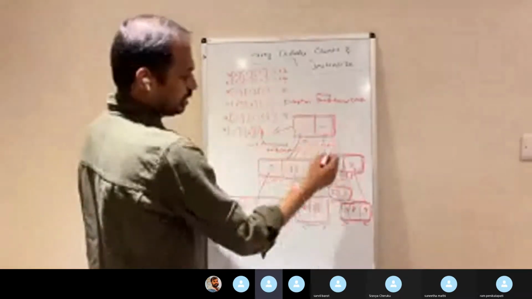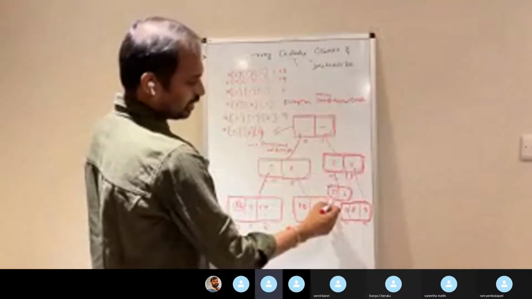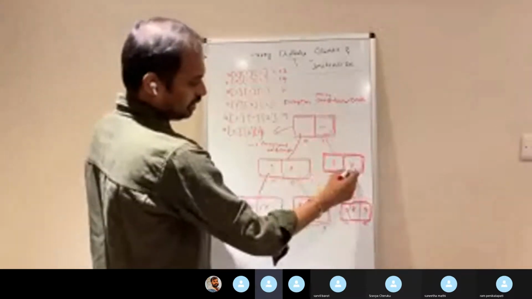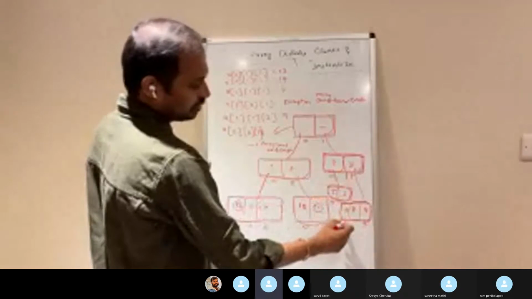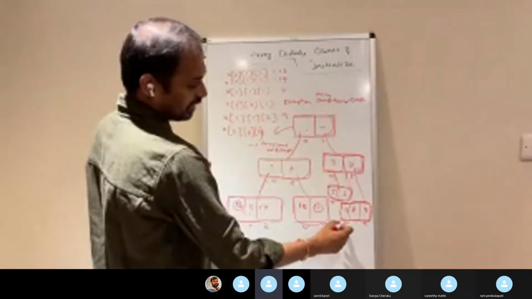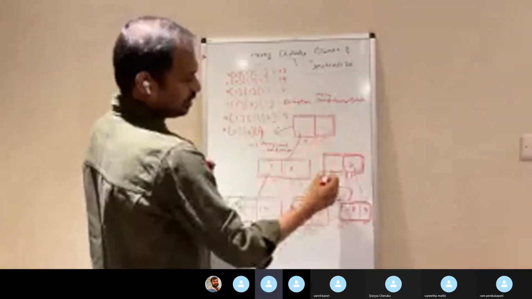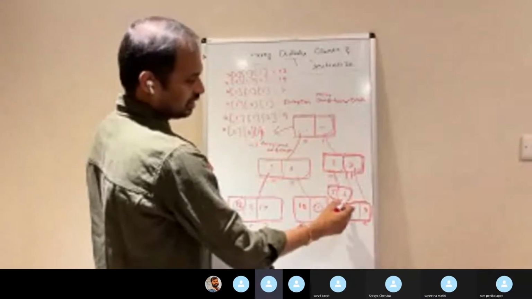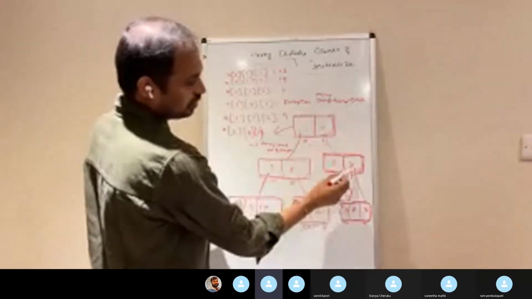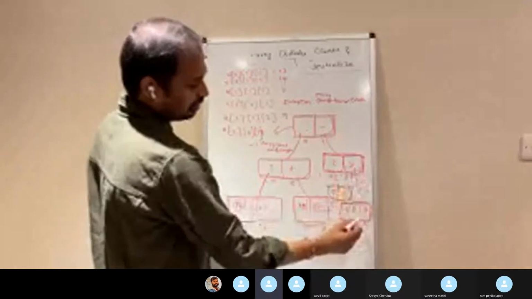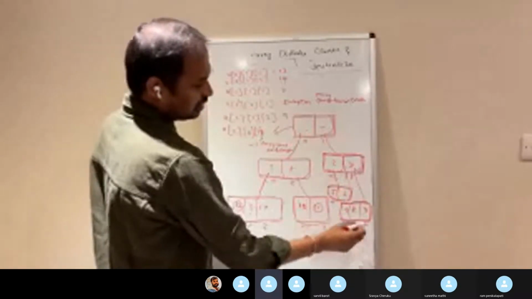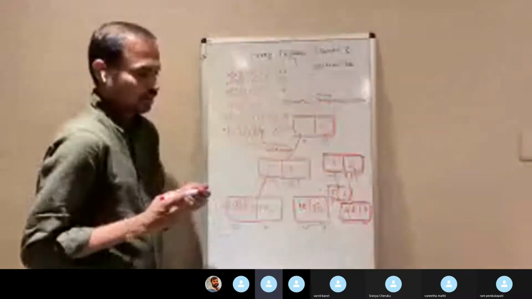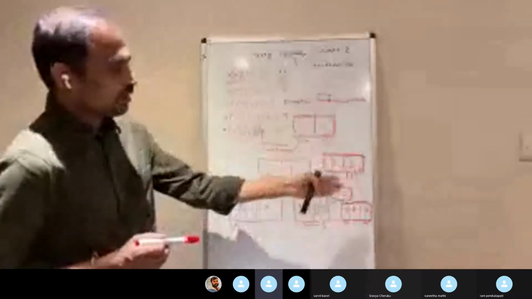Okay, 1 0 0 5, 1 1 0 9, 1 0 1 6, 1 1 2 9. Okay, like this. So you need to come down in such a way.